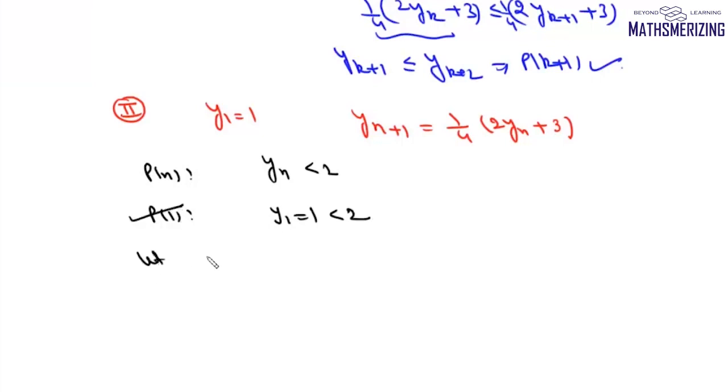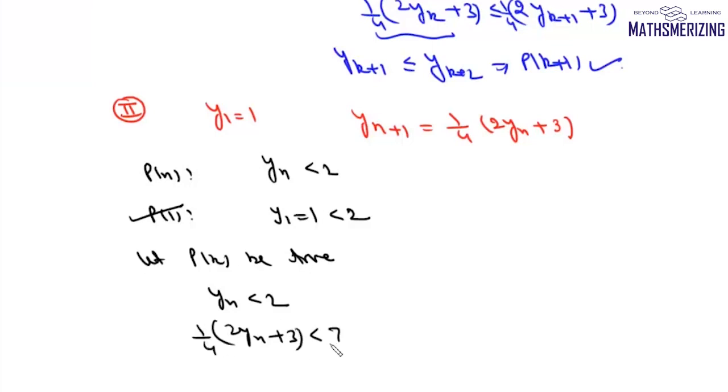Now we'll let pk be true. That means yn is less than 2. What we'll do is multiply it with 2 and then add 3. So we'll get 2yn plus 3 is less than 2 into 2, 4, 4 plus 3 is 7, and we multiply it with 1 by 4.